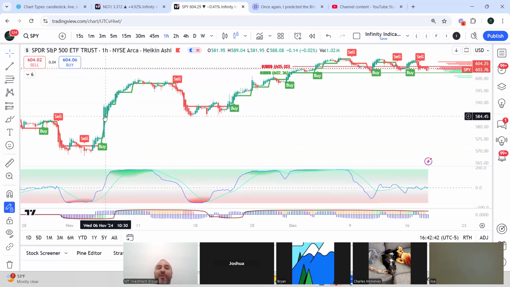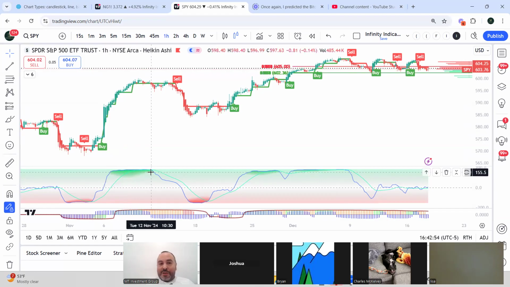What you're looking at is a sign that a change could be coming in the near future. After it goes up and crosses here and you see the shade start to disappear, that is when you would want to enter. That's when the move starts going the other way.